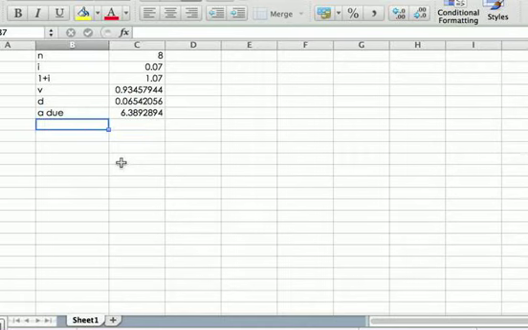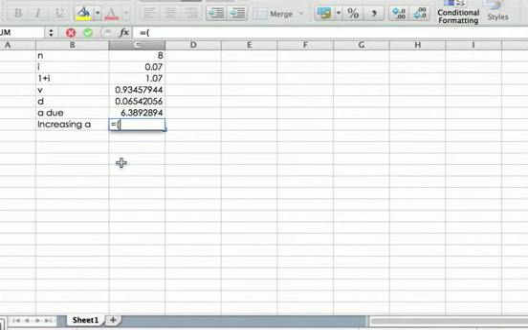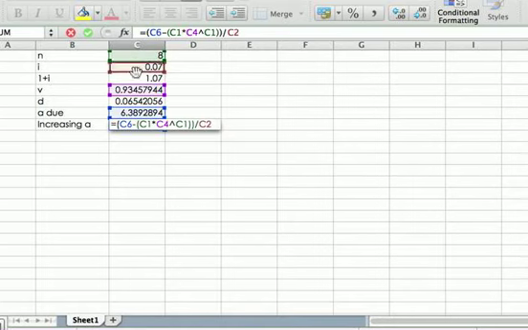And now to find the increasing annuity, it is going to be equal to the annuity due, which we saw in the formula, minus n times the discount factor, nv to the power of n, and then that's divided by the interest rate.